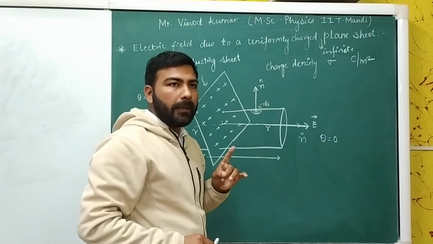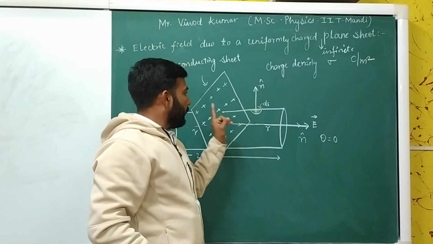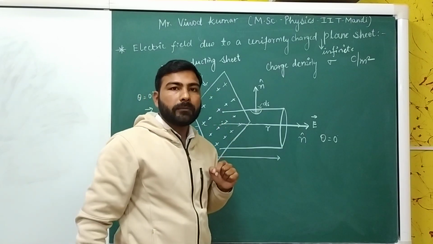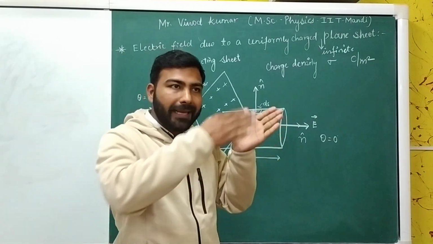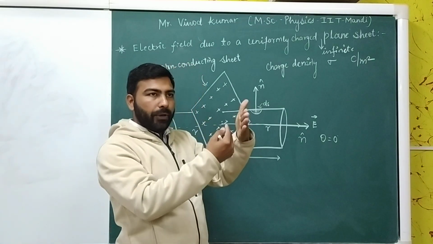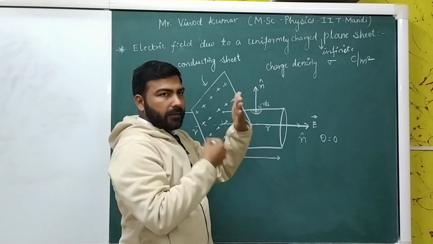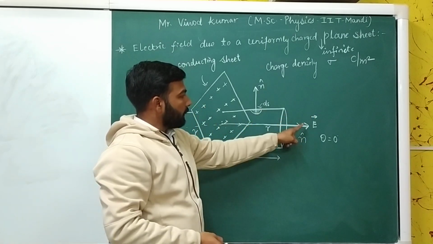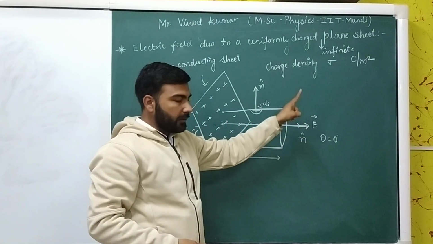And as we can see, the electric field due to the plane sheet, if this is the plane sheet, will be pointing normally outward, this way. So it will be in this direction only.